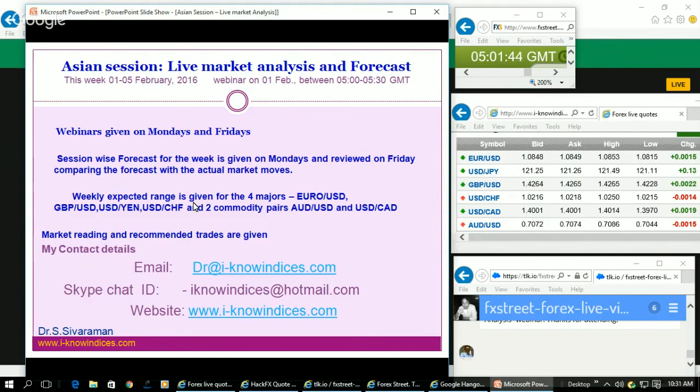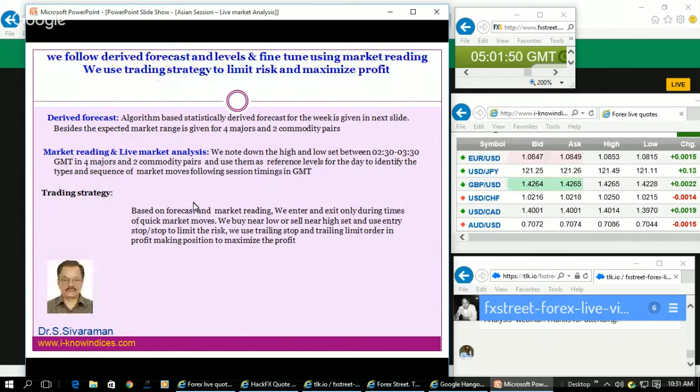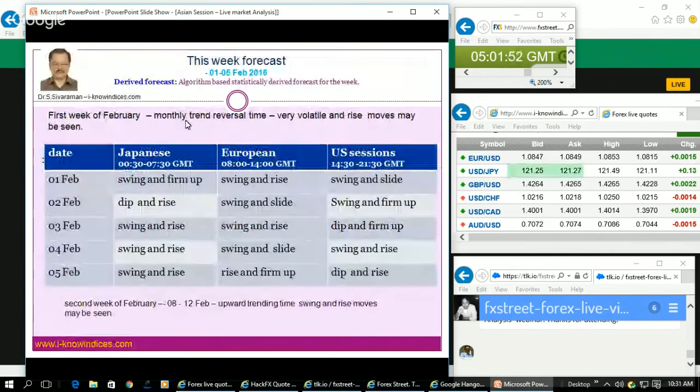In the last week of January, we saw the market making a good move on the upside. Finally on Friday during the US session, after establishing the high in the case of GBP around 1.44 and in the case of Euro around 1.0970, they made a big drop as dumping of the positions.